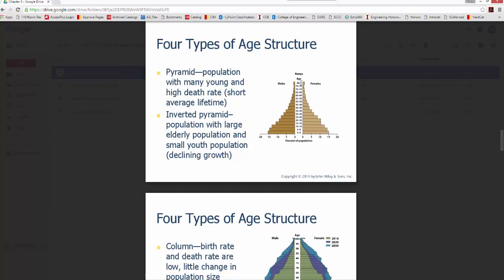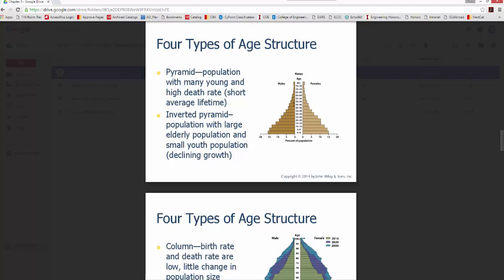Now, if we go up here to the 80-plus range, we see that roughly we have a percentage of about 2.5%, or about 2% of the population made up of females over the age of 80. So right away you can tell immediately that the largest population structure is made up of rather young people in Kenya.